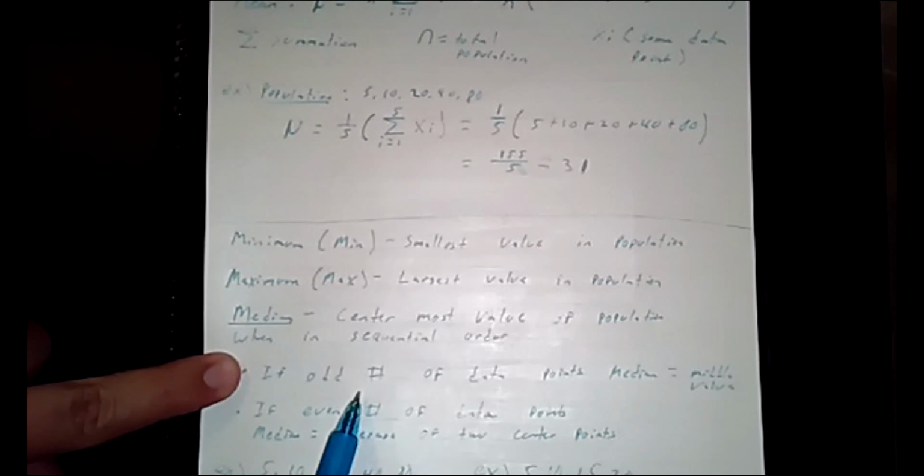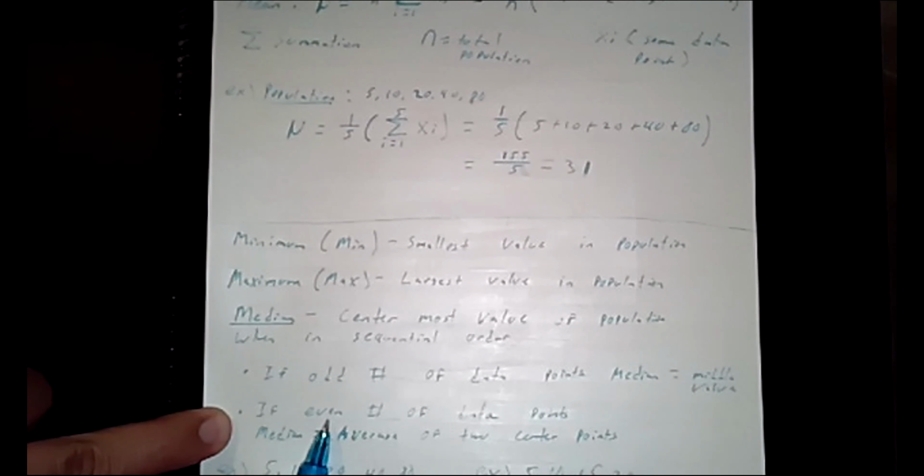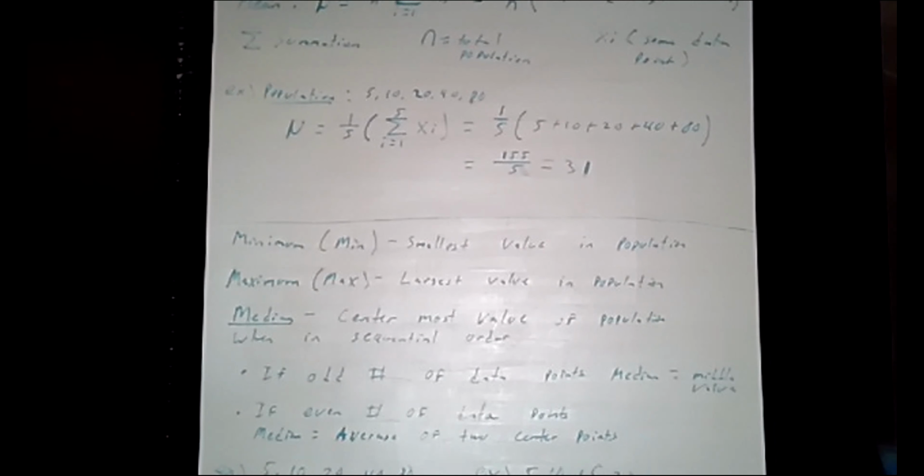If you have an odd number, you just pick the one in the middle and you're done, if they are in numerical order. If you have an even number of data points, then you just pick the center two and average them.